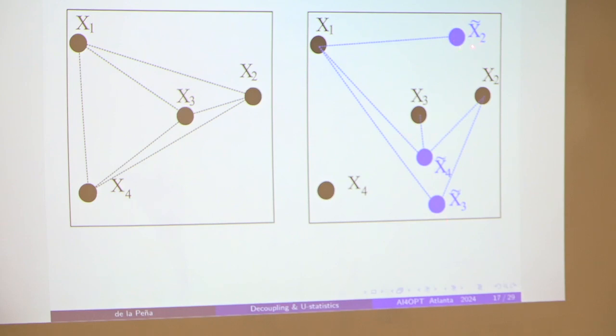Actually, in this case, since I'm just having i less than j, I only need to use j bigger than 1. So the decoupled sequence will be x2 tilde, x3 tilde, and x4 tilde. So the distances of these ones can be studied by these distances.